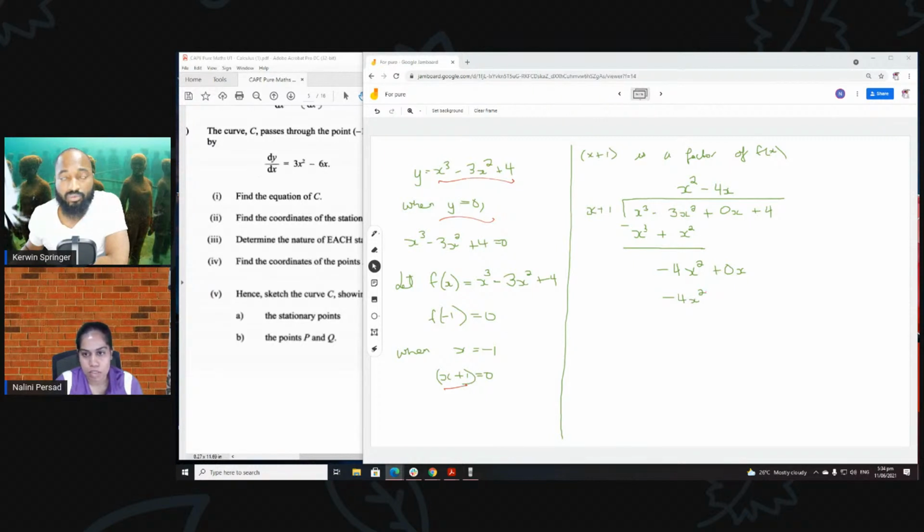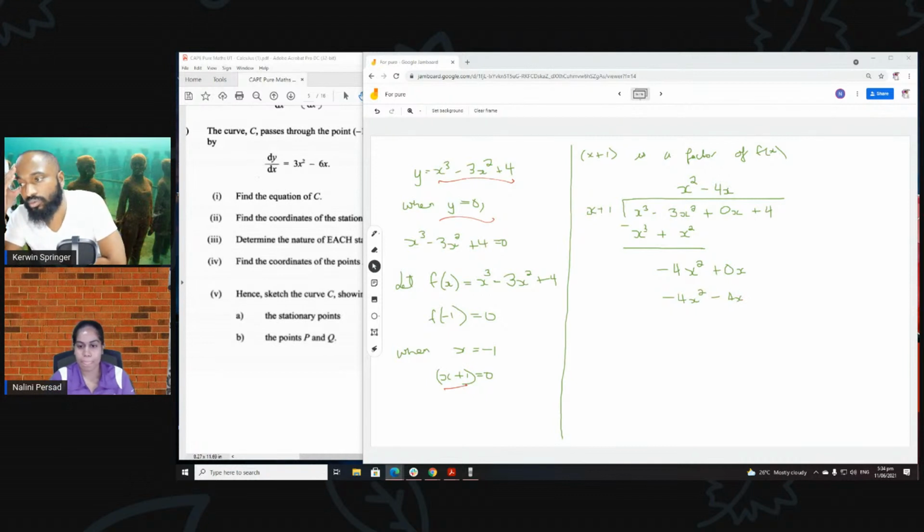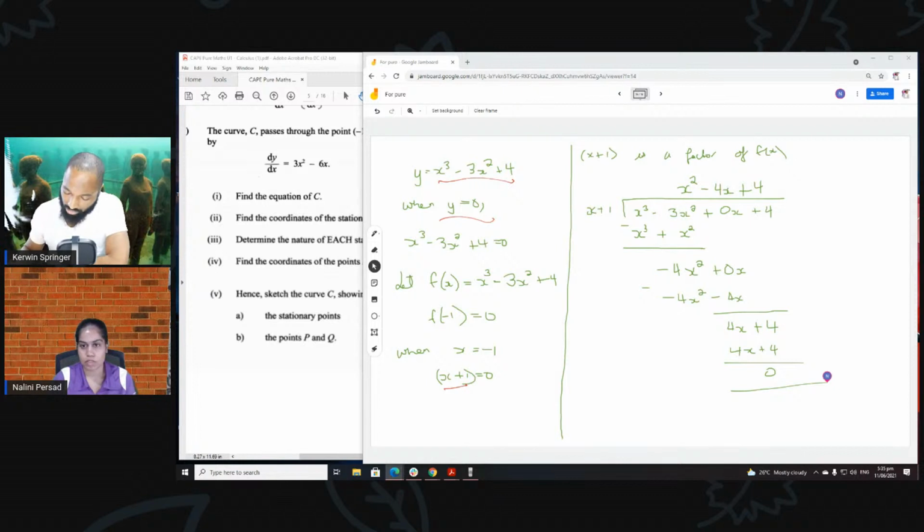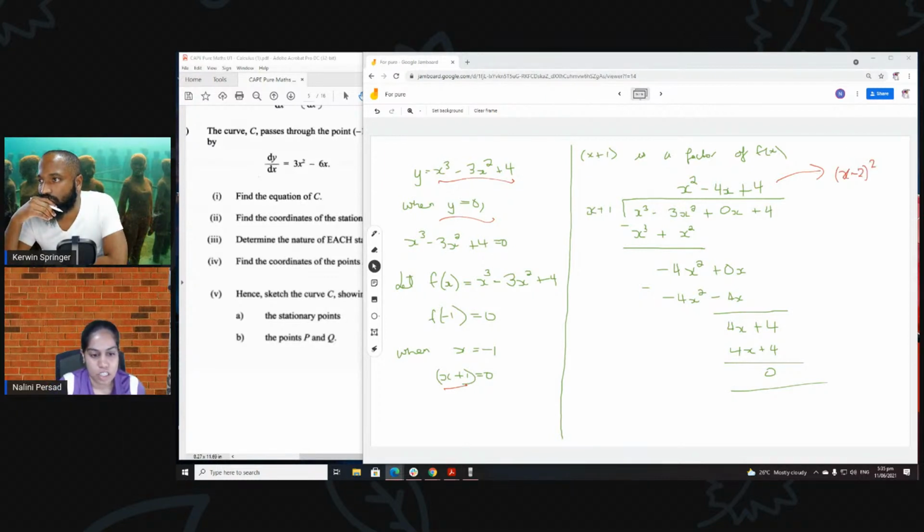Minus 4x by 1 is negative 4x. It's looking sweet now. Right, so we're minusing. X squared terms cancel out. 0 minus minus 4 will give you 4x. Bring down the 4x plus 4, and then you get plus 4 on top here. So 4 by x plus 1 will give you 4x plus 4, and it would equal 0. So x plus 1 by x squared minus 4x plus 4 is equal to your equation of the curve.